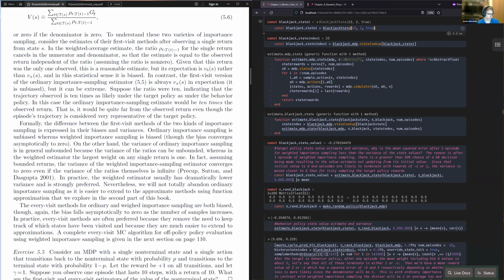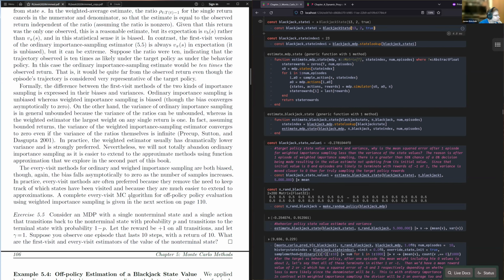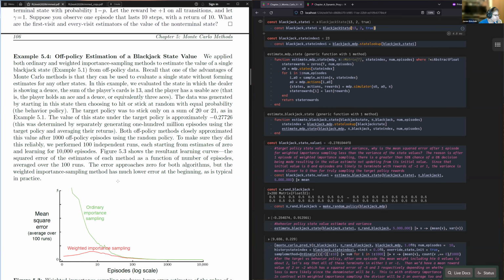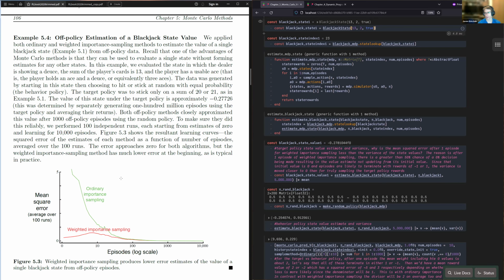So this is demonstrating the difference between weighted and ordinary importance sampling in estimating this state.